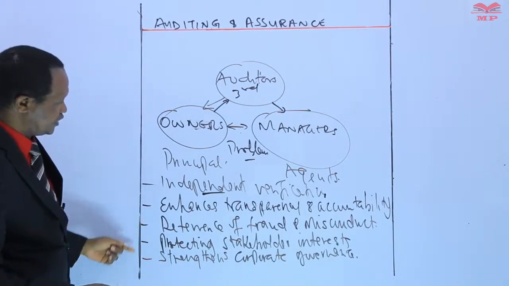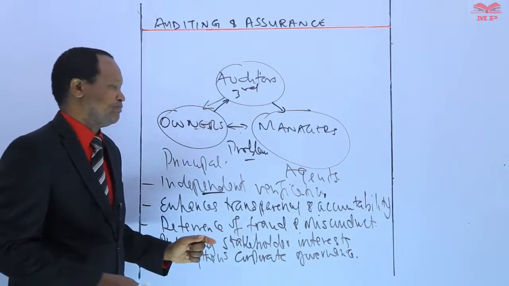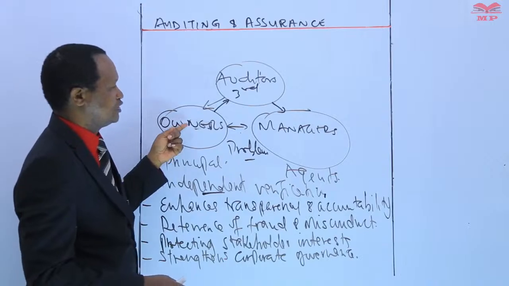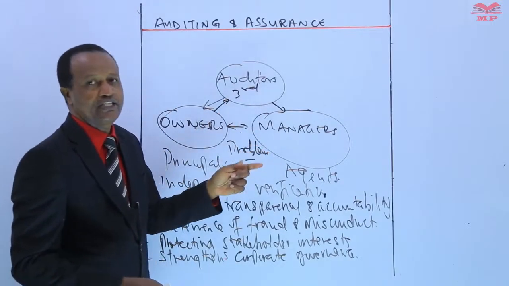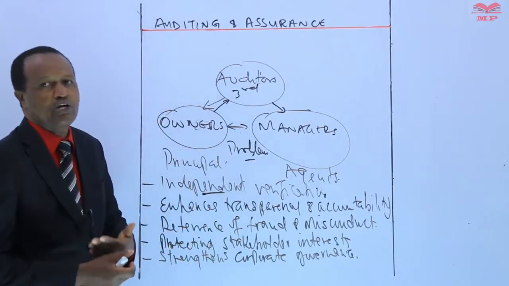So these are 5 ways through which auditing can help mitigate the agency problem that may arise between owners and managers in the corporate world.